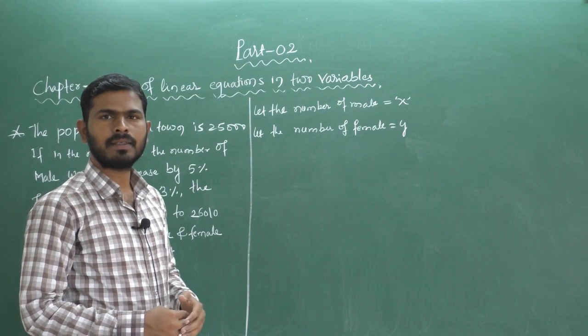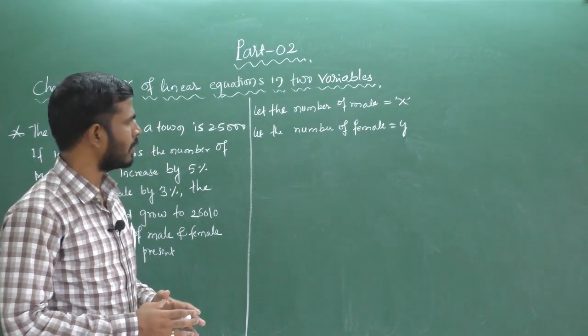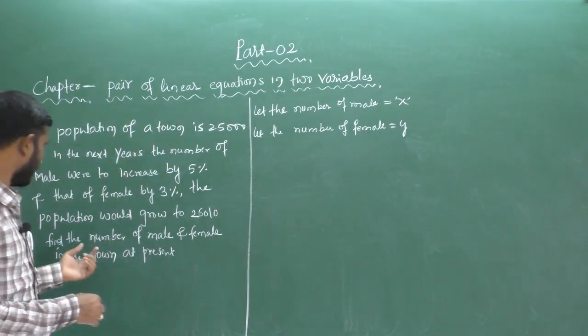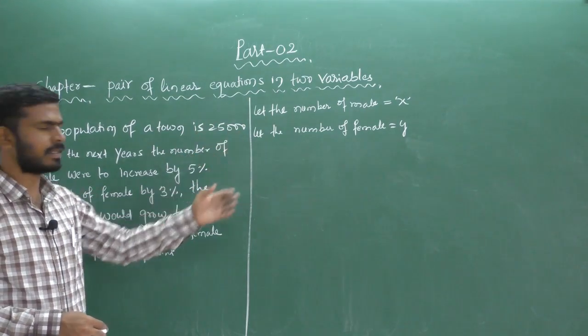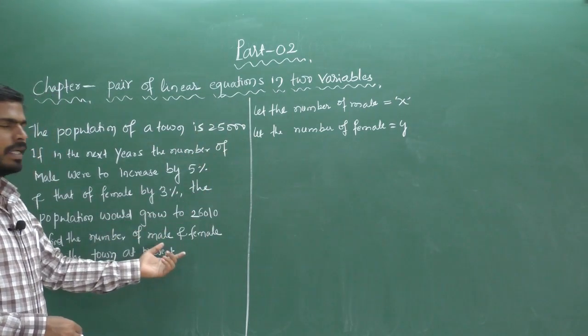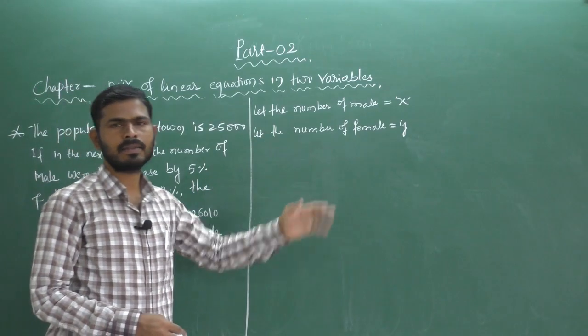Suppose you want to write the correct formation of words, you can write: let the number of males in the town at present be x, and let the number of females in the town at present be y.